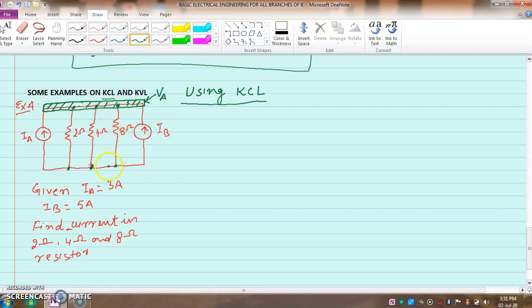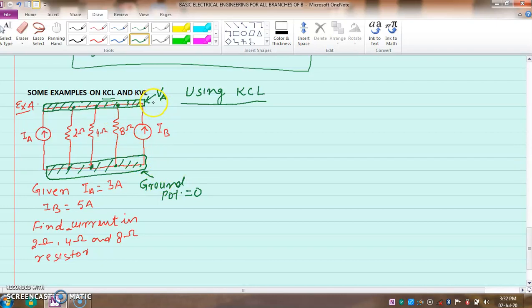But here a resistance came, so the potential will change again, and this whole portion will have the same potential, because from here to here there is no resistance. So generally, to solve this problem, it is taken as ground potential, and ground potential means its potential is 0. So this is ground potential, and this potential is taken as VA.